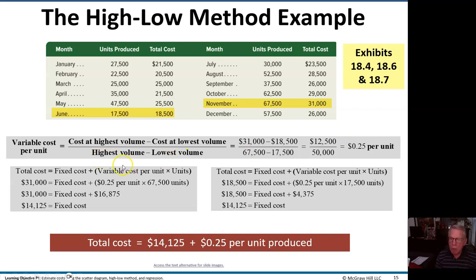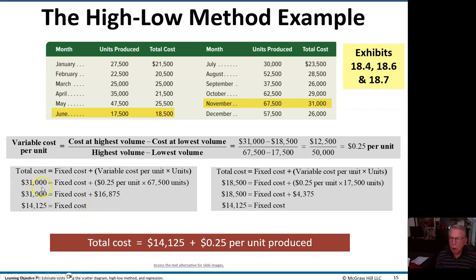Then on the denominator, I take the highest volume, which is 67,500, and back out the lowest volume, which is 17,500. And so I take the 12,500 and I divide that by the difference between the highest and lowest volume of 50,000. And that gives me 25 cents per unit.